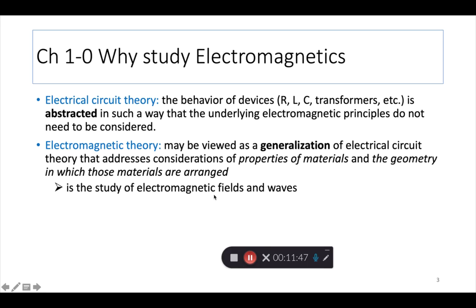So now in electromagnetic theory, we actually get into understanding electromagnetic properties of materials and the geometry in which these materials are arranged.